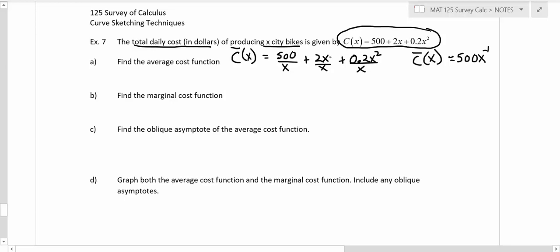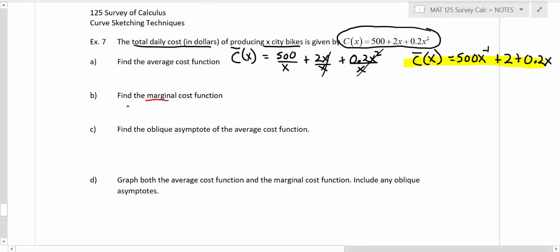Okay, and then the x's cross out, so that's plus 2. And then one of the x's crosses out, so that's 0.2x like that. So that would be your cost function. I'm just writing the x to the negative 1 because of the derivative that we're going to do in the next step anyway.